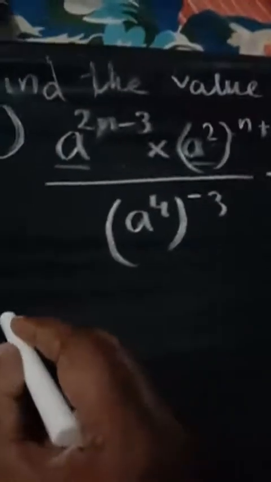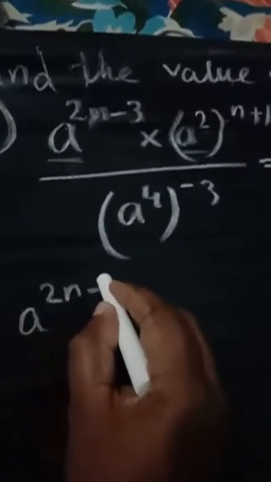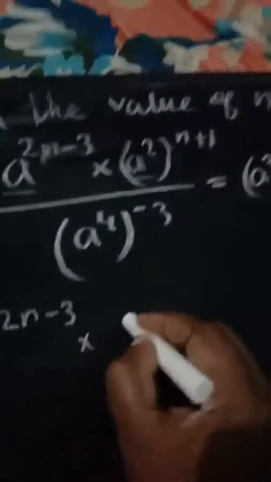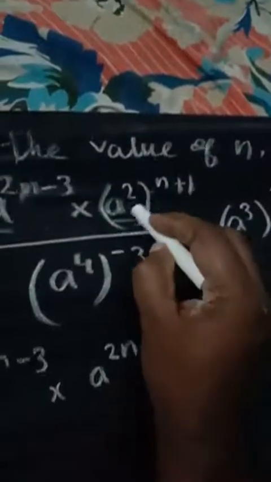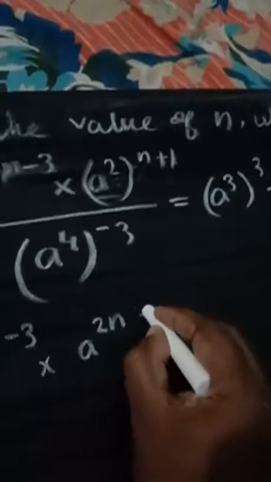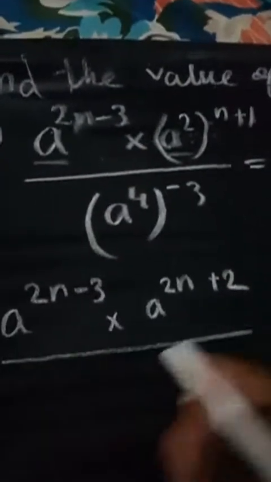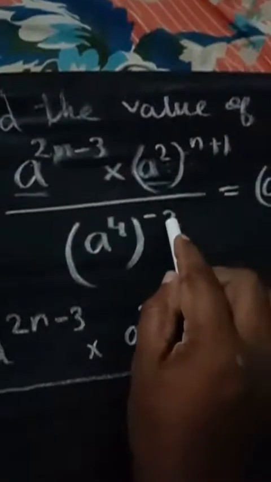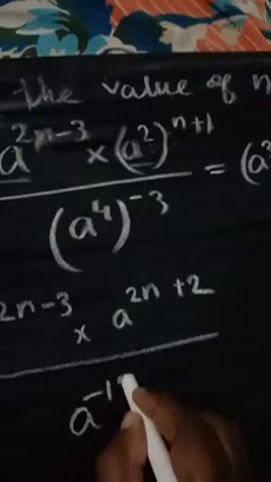That is a^(2n−3) into a^(2n+2), since 2 into n is 2n and 2 into 1 is 2. Divided by a^(4×−3). What is 4 into minus 3? Minus 12. A raised to minus 12.